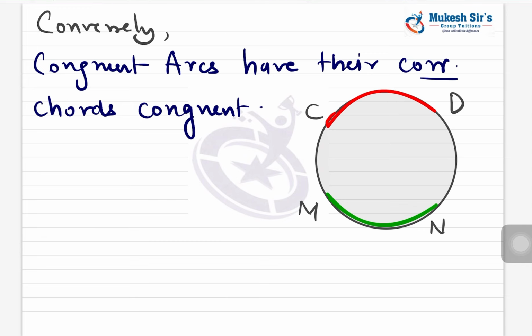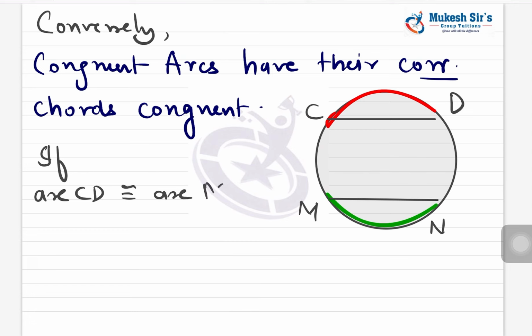So who are the chords here? Chord CD will be congruent to chord MN. So if arc CD is congruent to arc MN, then the chords are also congruent.